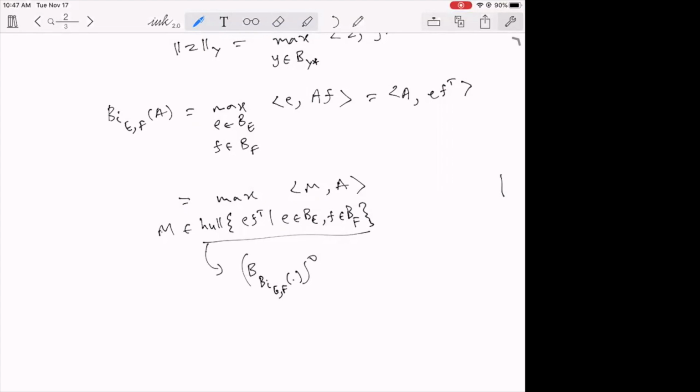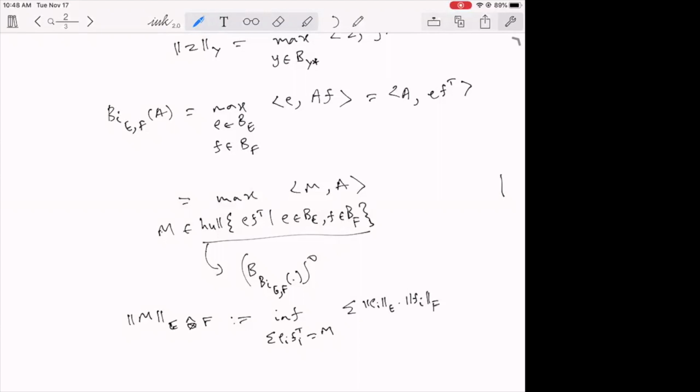And naturally one can define a norm corresponding to this, the Minkowski functional, and that is given by the following. It's called the projective tensor norm, which will be denoted as E projective tensor F, which is the infimum over summation EI Fi transpose equal to M. It's the infimum over all finitary decompositions of summation of EI E norm times Fi F norm.